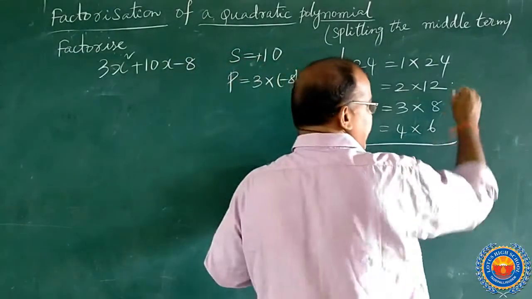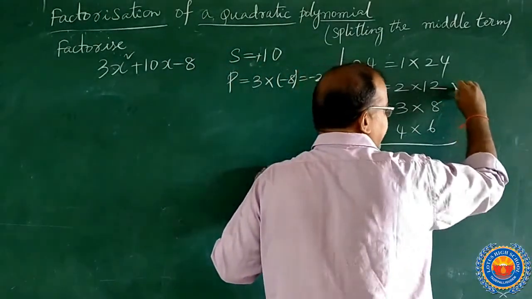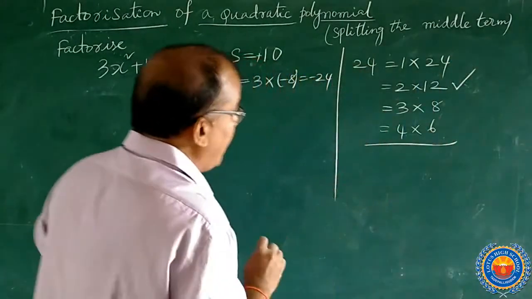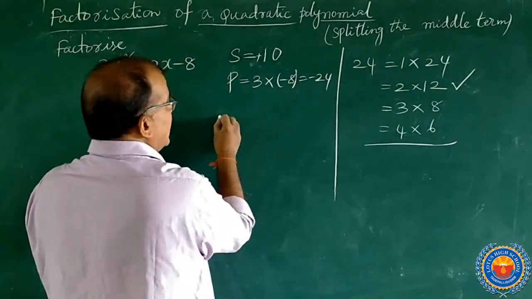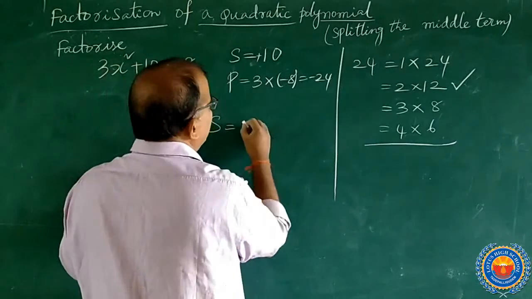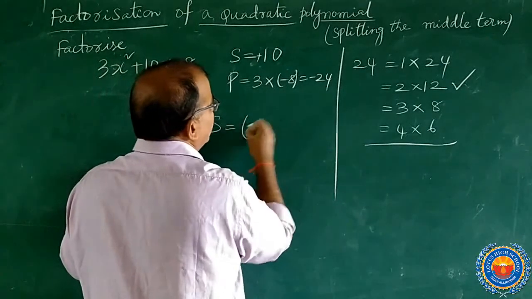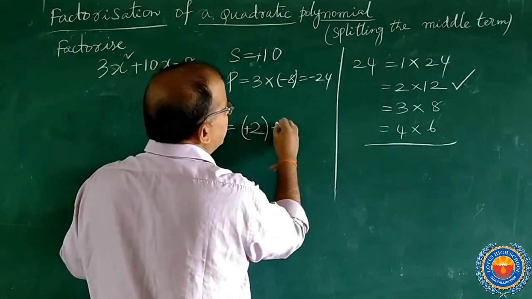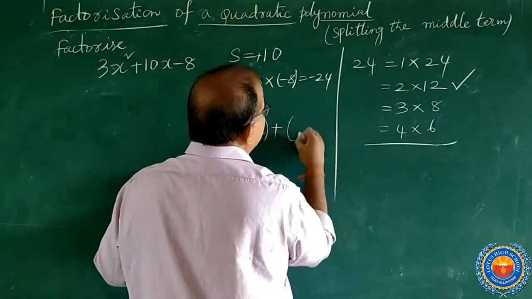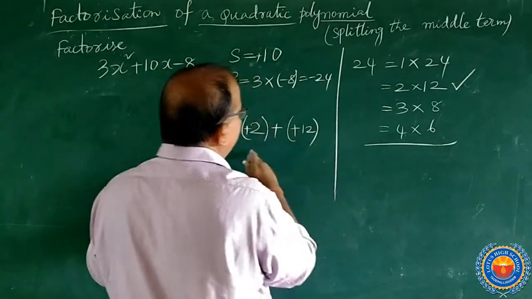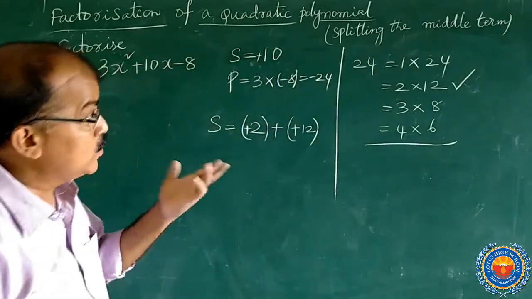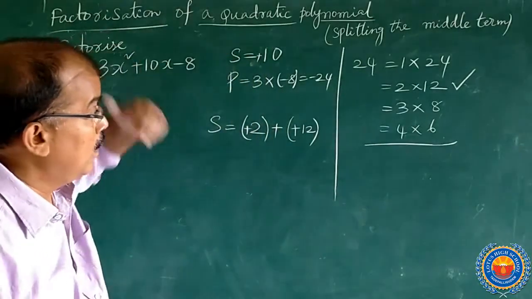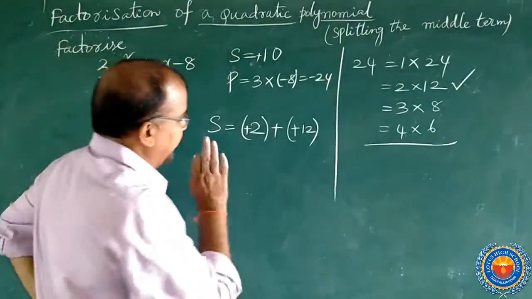Maybe this one or this one is suitable. First I will take this one only. So here, sum is equal to plus 2 plus 12, that is 14.